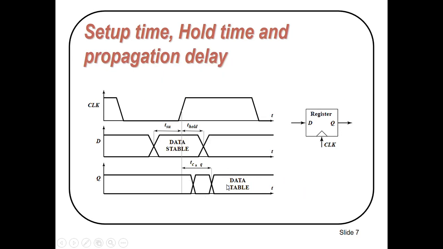Here you can see this is the 50% of the clock input and the 50% of this output. So this is propagation delay.